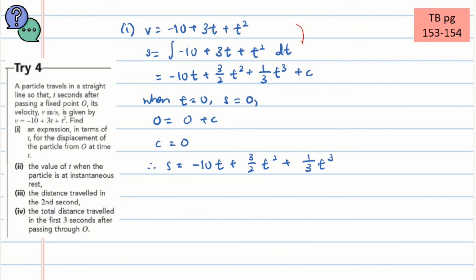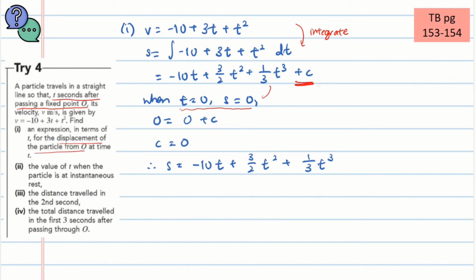We do our integration, not forgetting the plus c constant. Then we need to find out the value of c. How did I get this information here? The question says t seconds after passing a fixed point O. That means that when time equals 0, your displacement is also equal to 0, because all your displacement is measured from O itself.